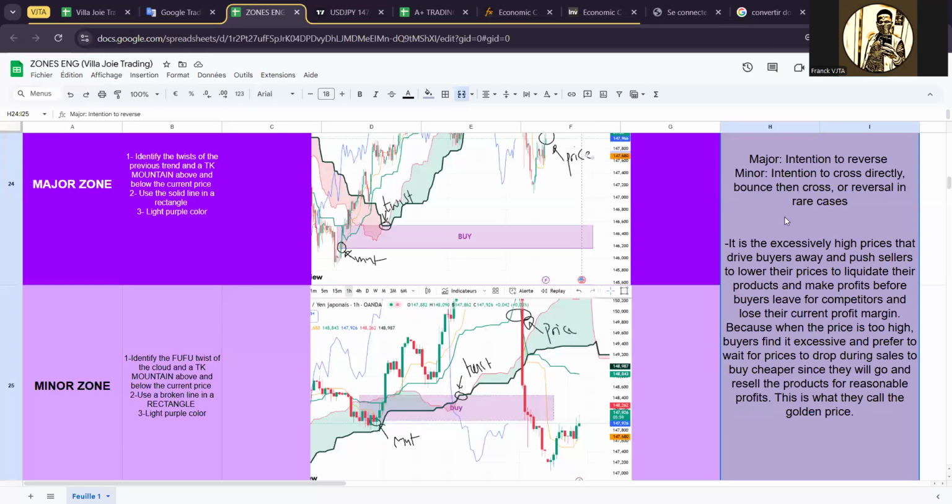Expensive price, as I said here, it is the excessively high price that drives buyers away and pushes sellers to lower the price to liquidate their product and make profit before buyers leave for a competitor and they lose their current profit margin. Because when the price is too high, buyers find it excessive and prefer to wait for the price to drop during sales, like Black Friday, to buy cheaper.